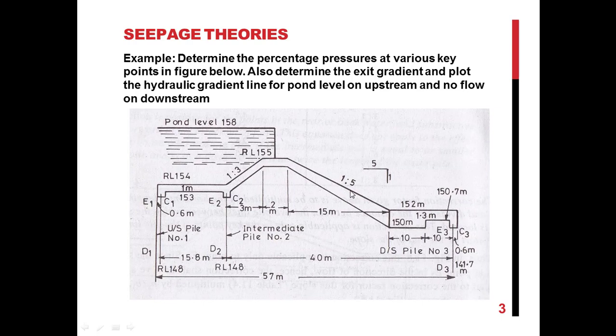The downward slope is 1:5, and the reduced level at the end of the down slope is 150 meters. Similarly, the reduced level of the sheet pile at the downstream side is 141 meters, and the top reduced level is 152 meters on the downstream side.